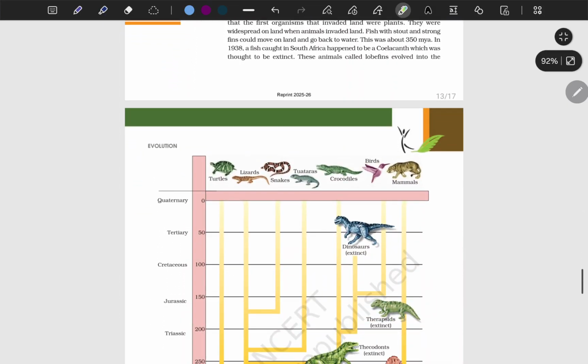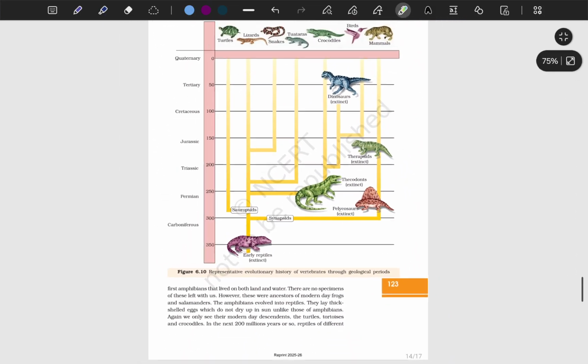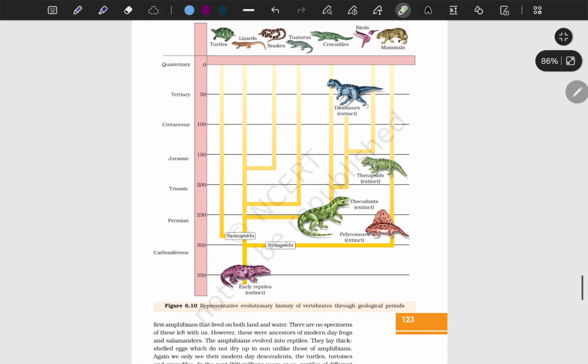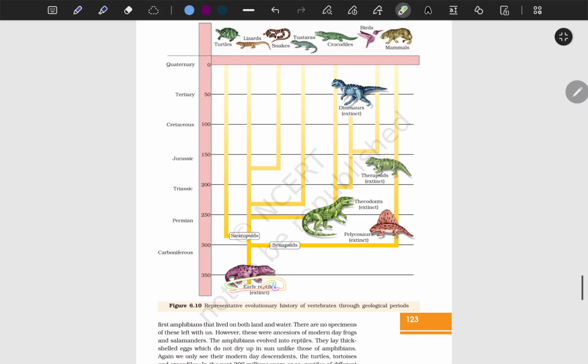Moving ahead, let's see the representative evolutionary history of vertebrates through geological periods. So firstly, the early reptiles, which became extinct, were approximately in the Carboniferous period. Then they give rise to two parts, the synapsids and the sauropsids. The synapsids further give rise to Pelycosaurs, which are extinct, in the Permian period.